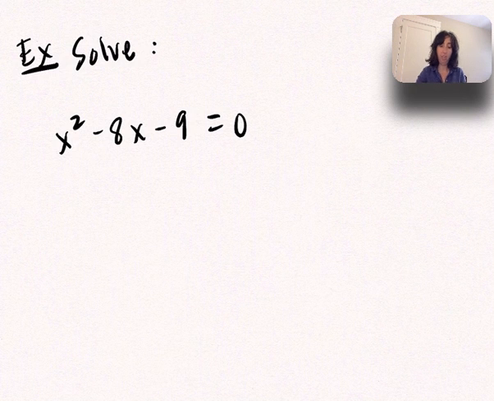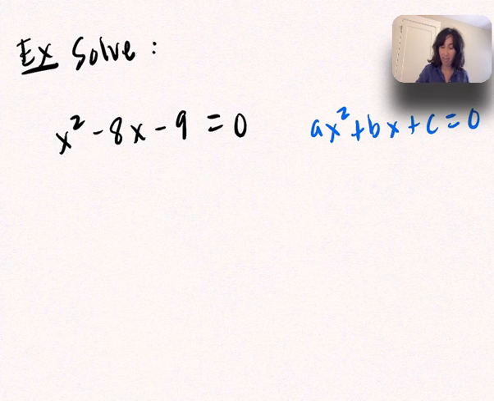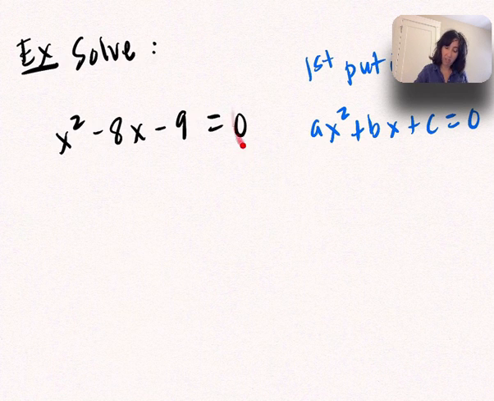What you do is you first make sure that your quadratic equation is in this form, where you have 0 on one side and then your ax squared plus bx plus c equals 0.